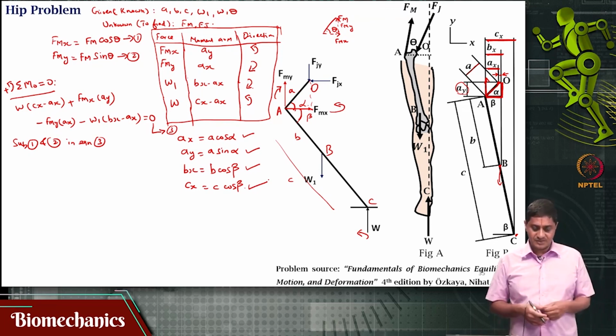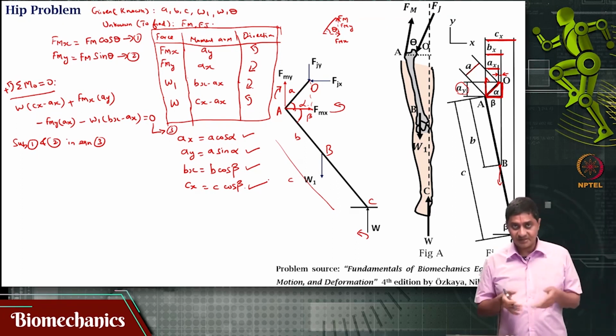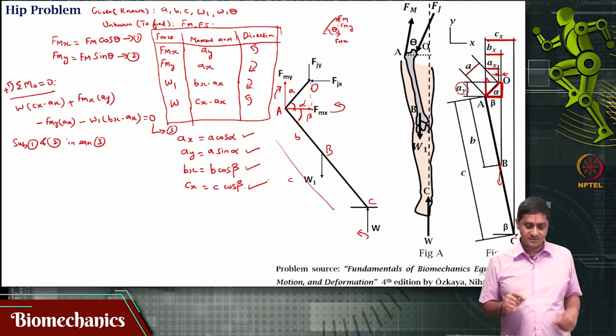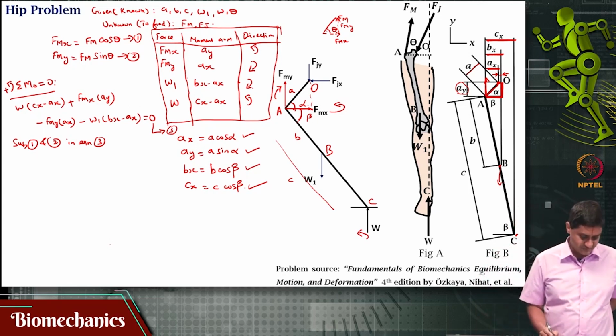Substitute all these values, Fmx, Fmy, Ax, Ay, Bx, Cx, everything in one go in this equation 3. When I do that, what will I get?